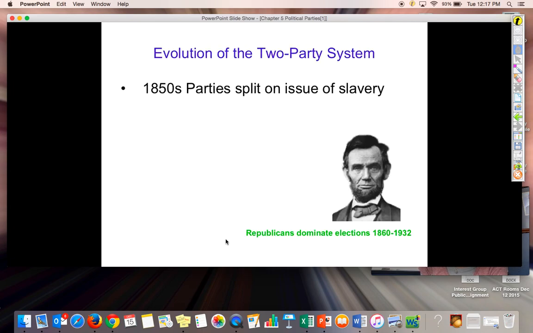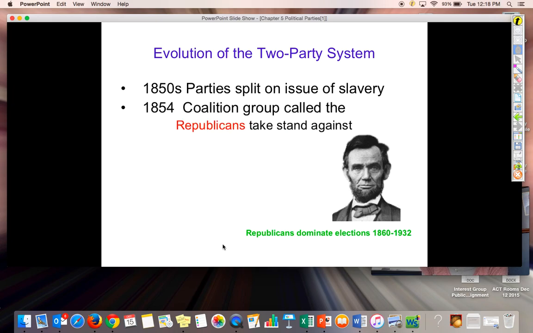So in the 1850s, many of the parties, including the Whigs, did not want to take a firm stand on the issue of slavery, on abolishing it or continuing it. And one coalition, called the Republicans, took a stand against the extension of slavery into new territories that were being added to the United States.